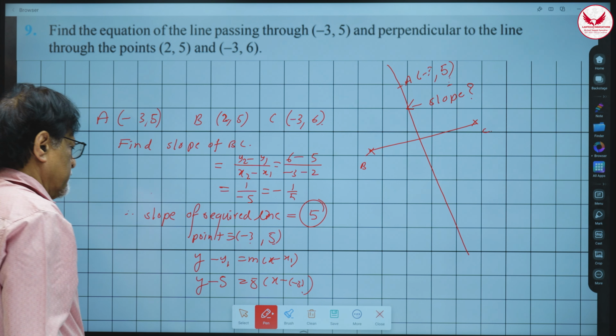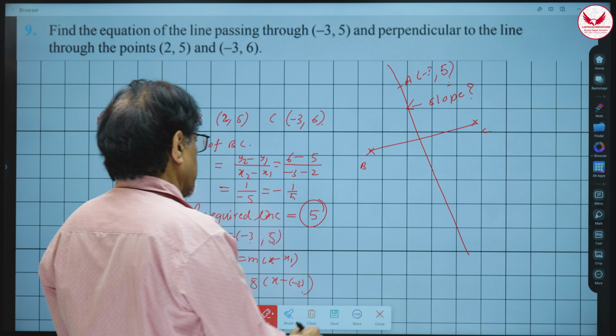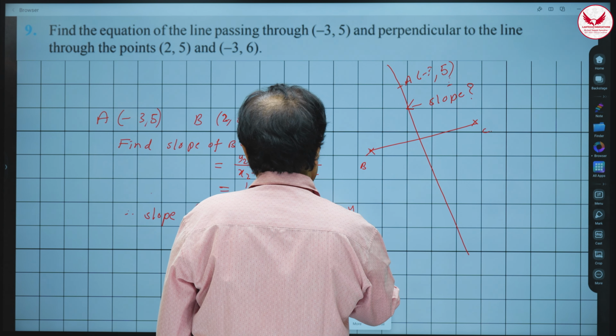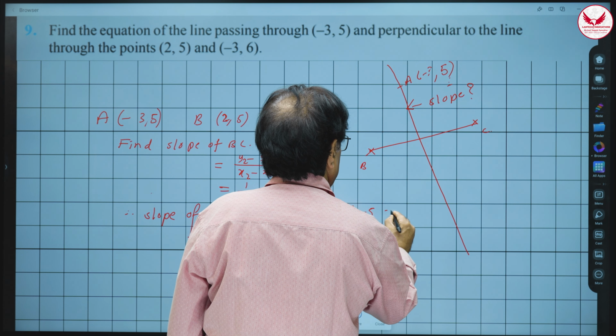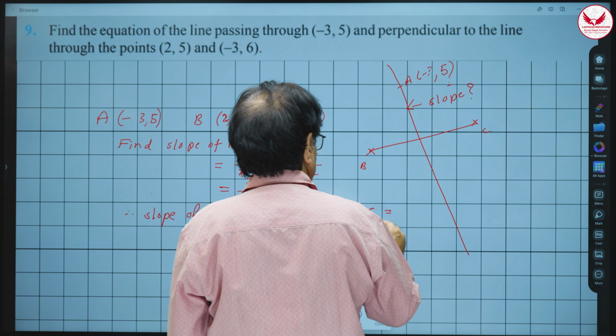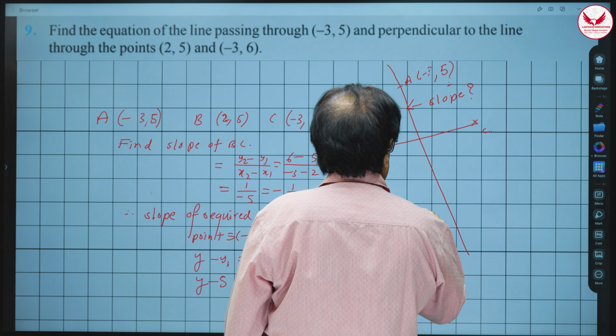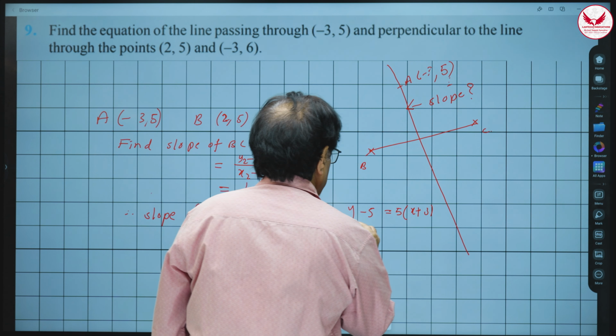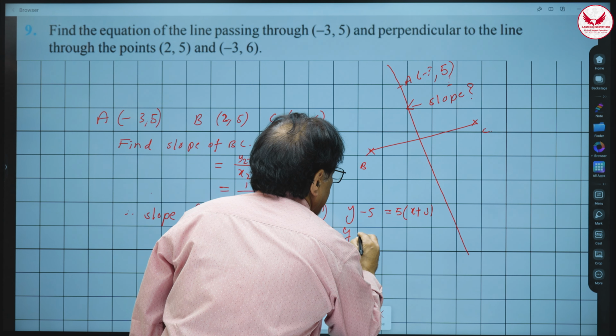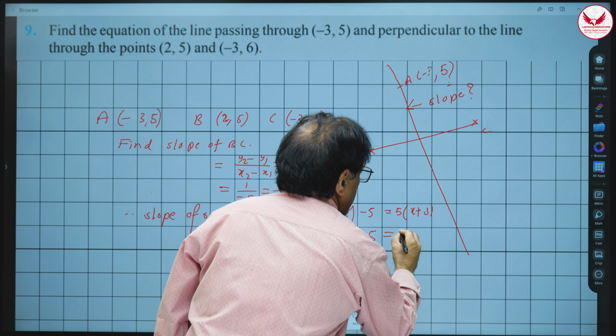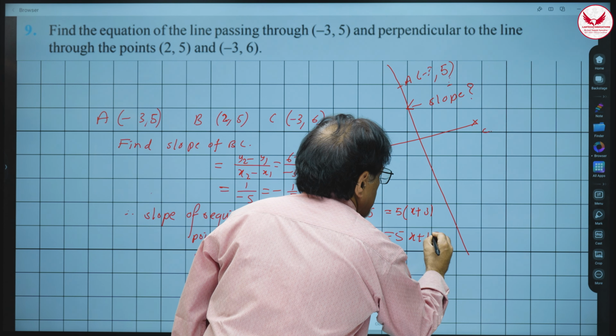So this gives me the equation: y minus 5 is equal to 5 into (x plus 3), which gives me y minus 5 is equal to 5x plus 15.